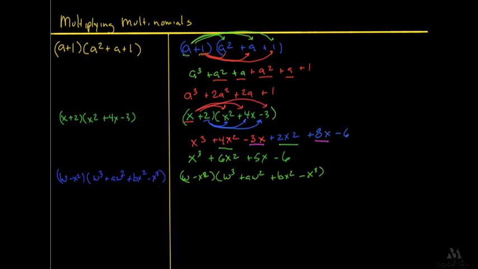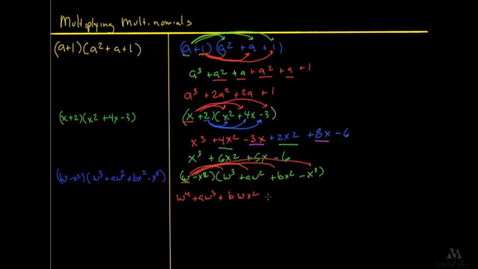We're going to take our first term and multiply it by all of the others. So w times w cubed is going to be w to the fourth. This is going to be aw cubed. We've got w times w. This is going to be bwx squared.